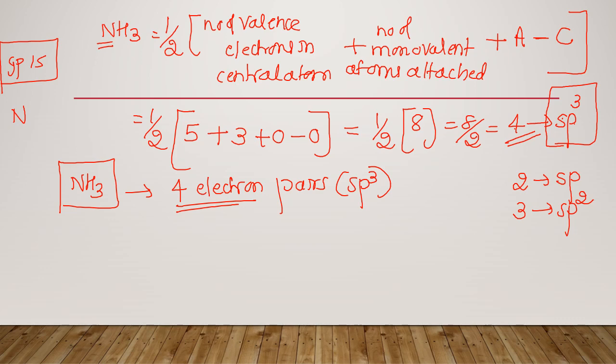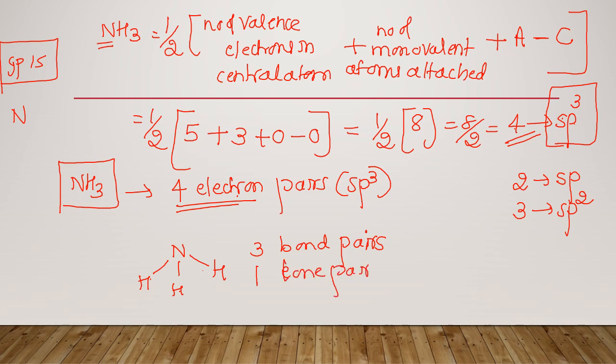So now, out of which you can see in ammonia, nitrogen is bonded to 3 hydrogen atoms, isn't it? So therefore, out of 4 electron pairs, 3 are bond pairs. That means three pairs of electrons are involved in the bond formation with the hydrogen atoms. Therefore, there are three bond pairs, but we need four electron pairs. So the remaining one is a lone pair of electrons.